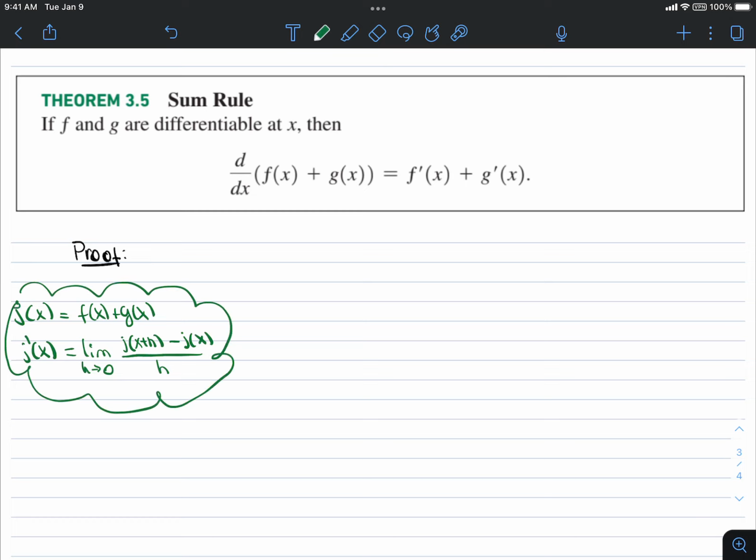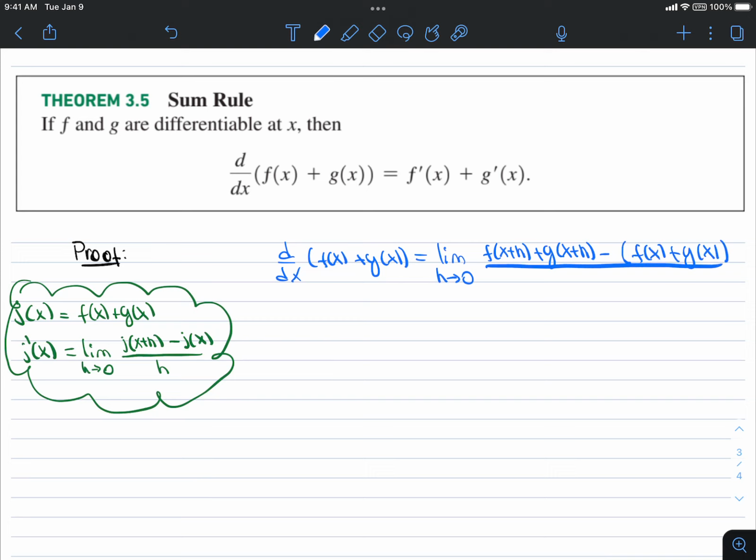So I'll save this, and then in my actual proof I'll do the derivative of f of x plus g of x, which is the limit when h goes to 0. So I'm doing this now, but plugging in. So j of x plus h is f of x plus h plus g of x plus h minus j of x, which is just f of x plus g of x, all that divided by h.